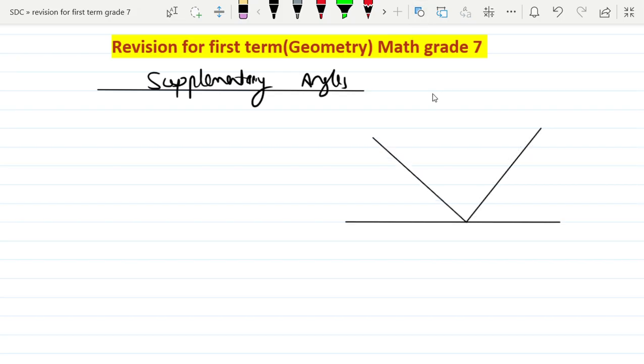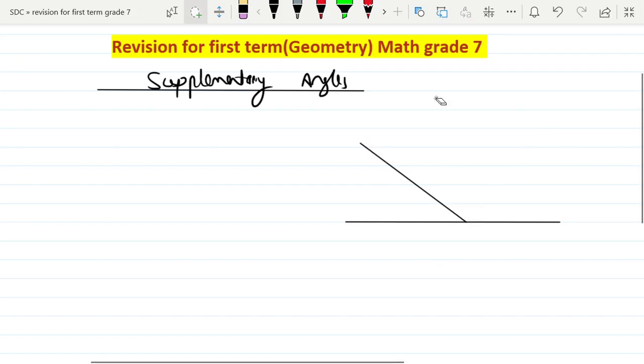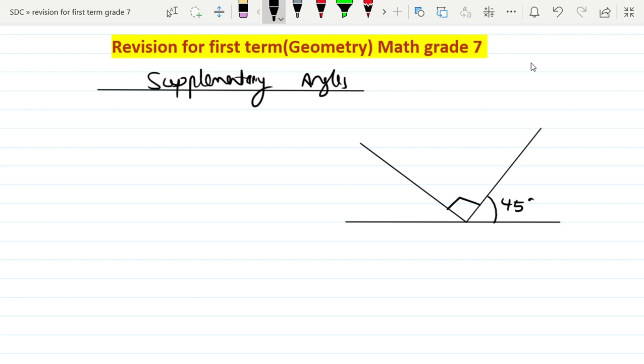Here I am keeping one right angle. So this angle here is 90 degree, and here this angle is 45 degree, and this angle x, right? So the thing is, find the value of x. The process is very same. Here you see three angles, 45 degree, 90 degree, and x, which you need to find.